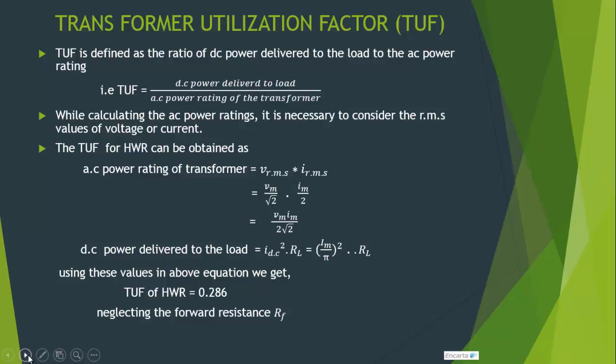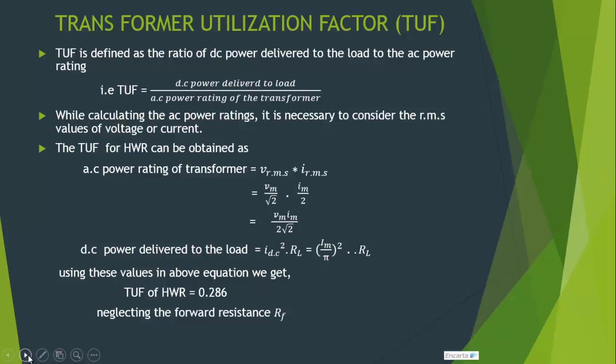The transformer utilization factor for half wave rectifier can be obtained as follows. AC power rating of the transformer is equal to Vrms into Irms. Now we know the values of Vrms and Irms. That is, Vrms is equal to Vm by root 2 and Irms is equal to I max by 2. So the expression comes out to be Vm Im by twice root 2.